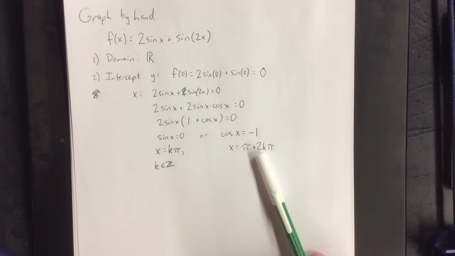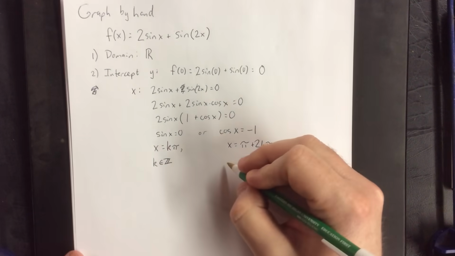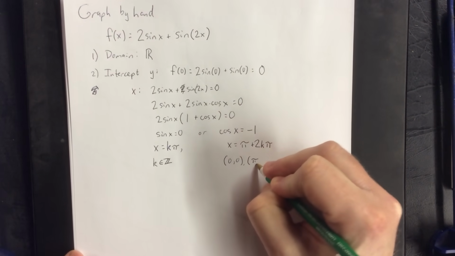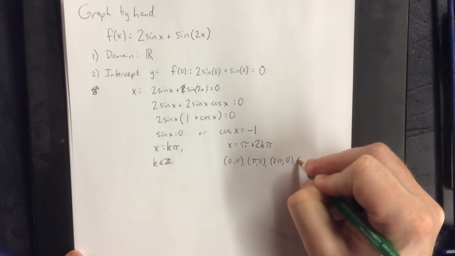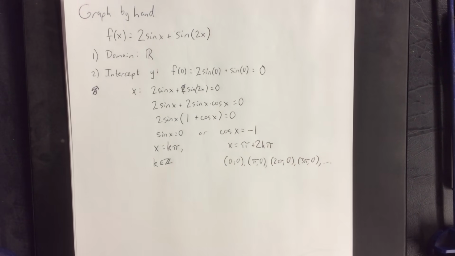Thankfully, all of these values are accounted for in the first set, so we don't need to worry about this. So x-intercepts will be at (0, 0), (pi, 0), (2 pi, 0), (3 pi, 0), etc. Lots of x-intercepts on this one.